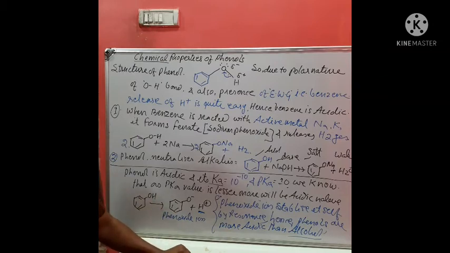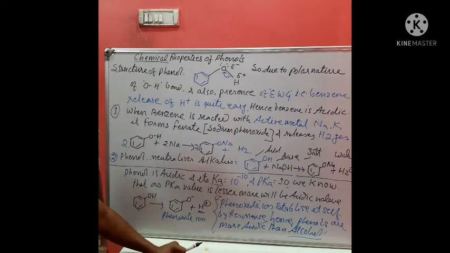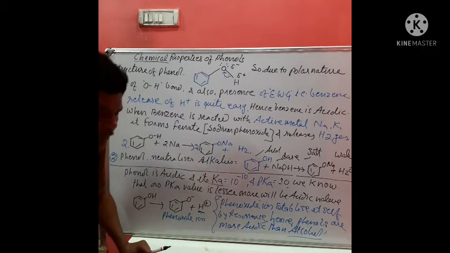Alkyl radicals in the alcohol, and due to the presence of alkyl radicals, it does not show resonance. But phenol shows resonance. This is due to delocalization of the pi electron pair. If you want its comprehensive form, you can check the comparative acidic strength of phenol with alcohol.